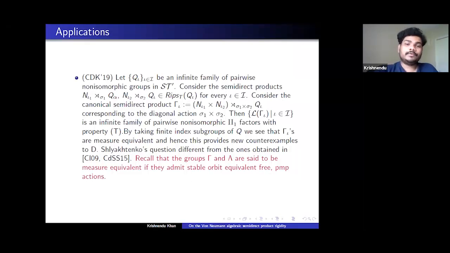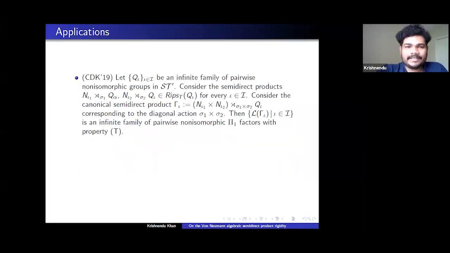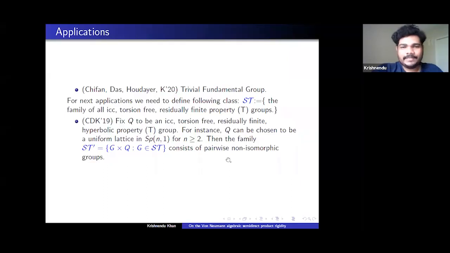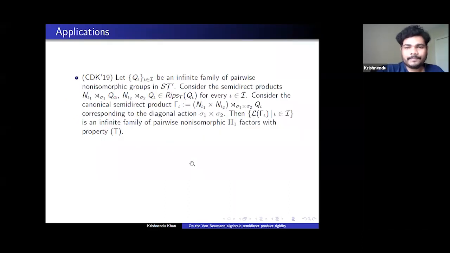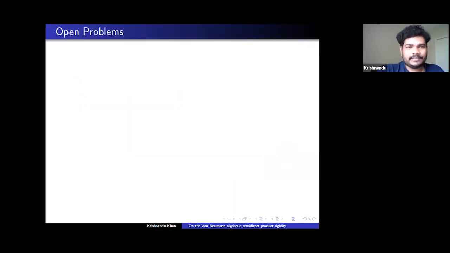Well, what we really wanted, as Sean mentioned, was to get a family of uncountably many property T non-isomorphic group factors, but we only get countably many here. This would have been uncountable only if this class is uncountable, but that is not known in the literature, at least we don't know. So we put that as an open problem.